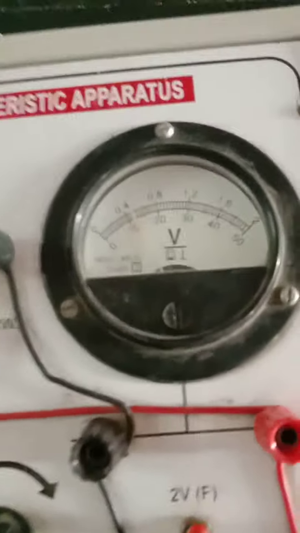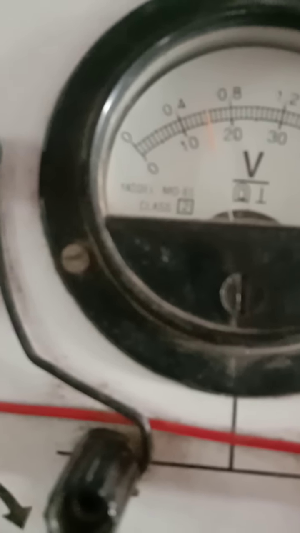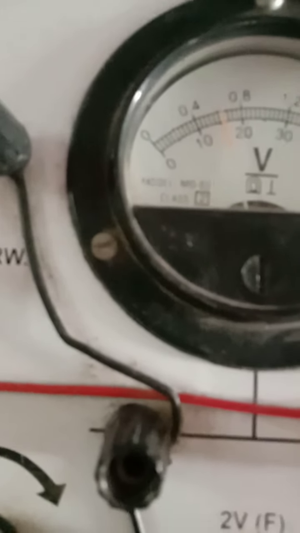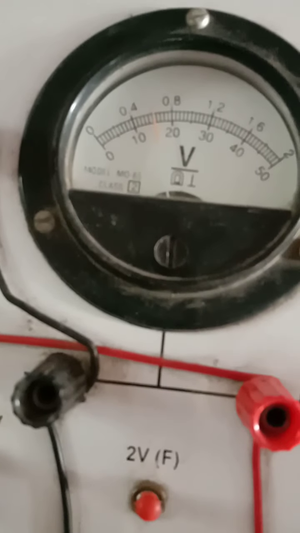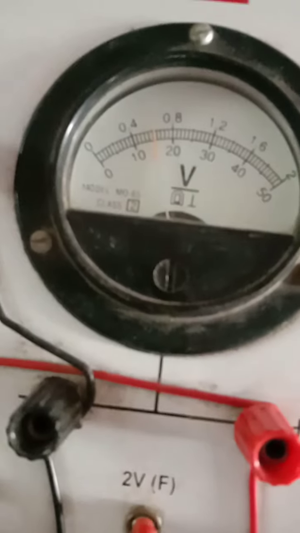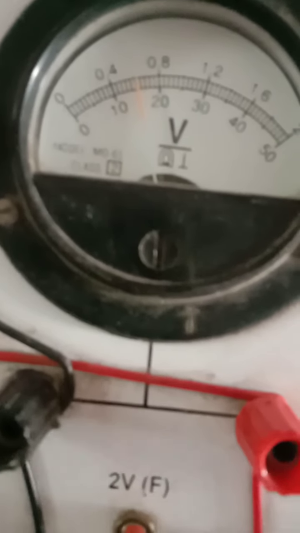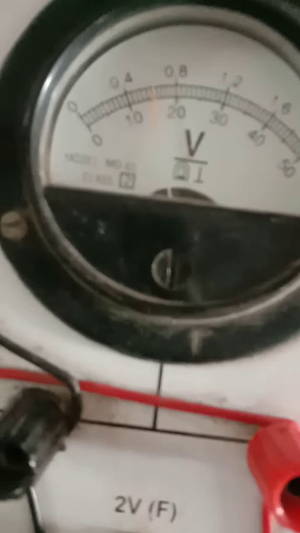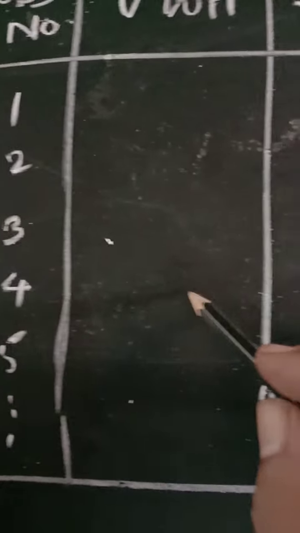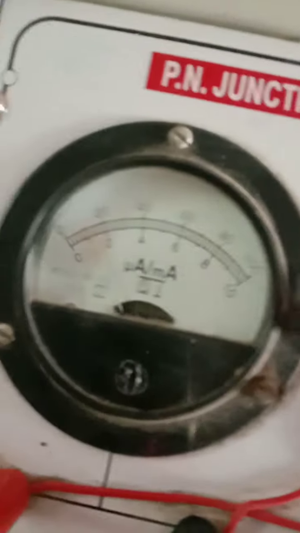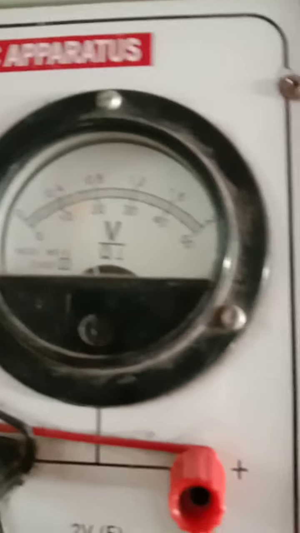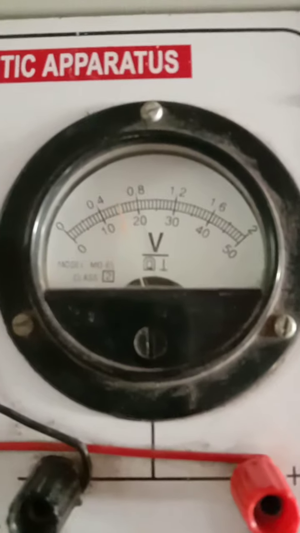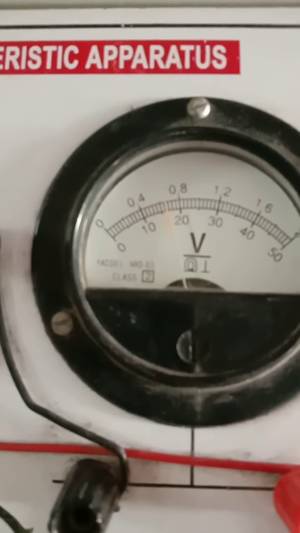Similarly, rotate the knob again so the pointer moves further. Suppose it is on the 15th division, so 15 into 0.04 is 0.6. The reading is 0.6, but the current is still 0. Similarly, rotate the knob further.